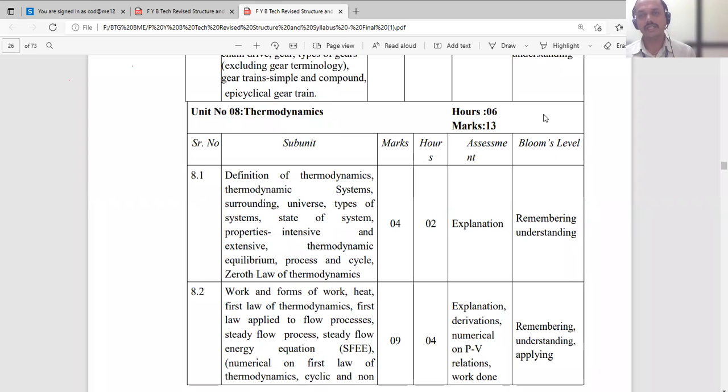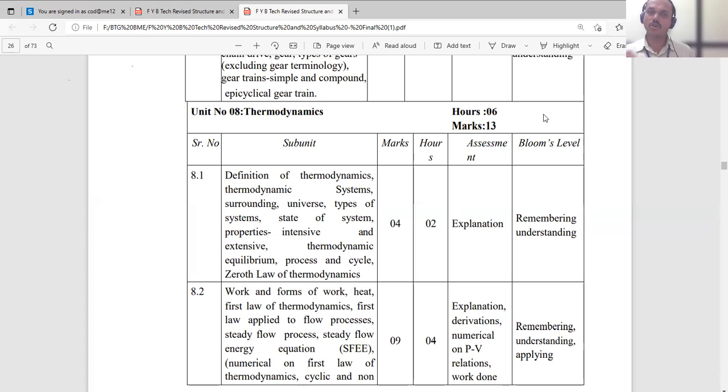Any matter, any system has some properties: pressure, temperature, density, volume, whatever is associated with the system or that matter is a property of that system.